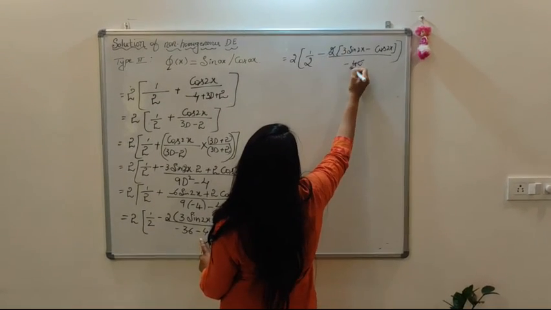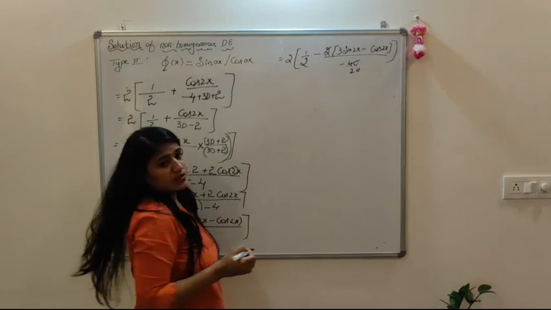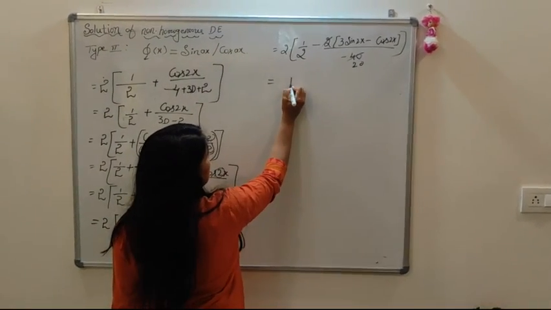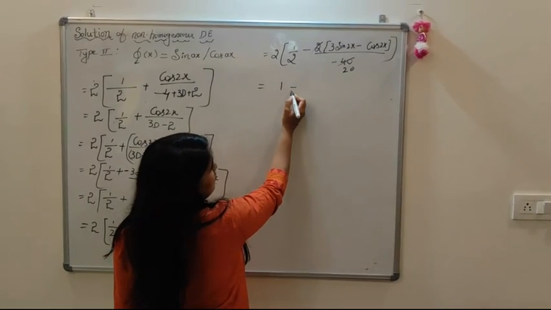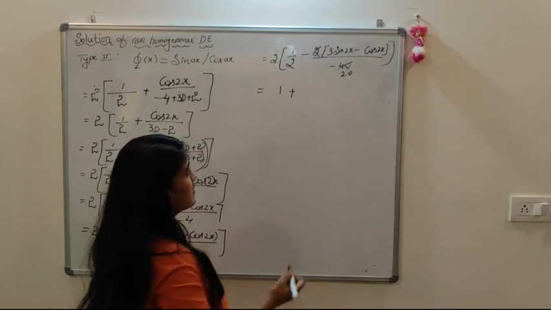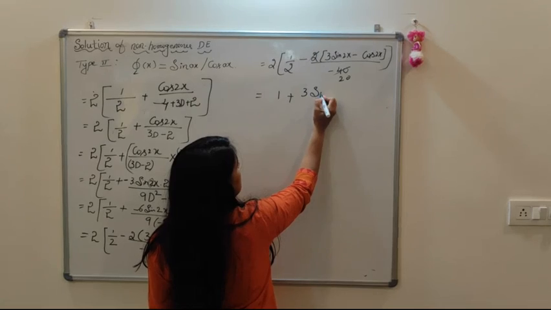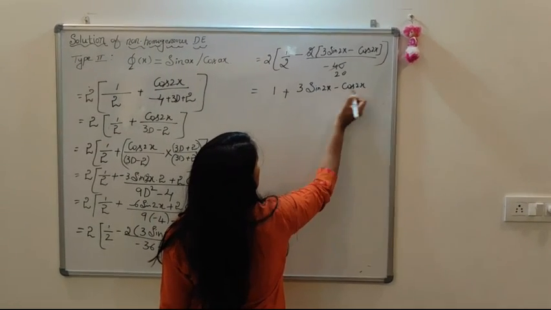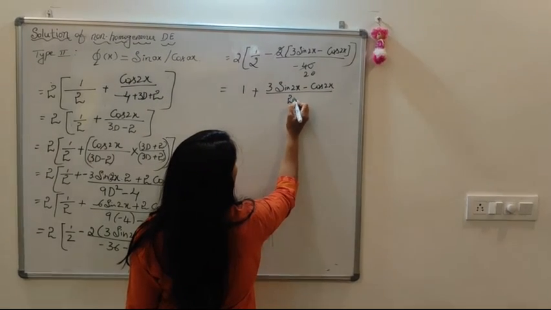So you can cancel 2 ones are 2, twos are 2, 20s. So you are having 1 by 2, 2 get cancelled, minus minus you can cancel. So you will get plus 3 sin 2x minus cos 2x divided by 20.